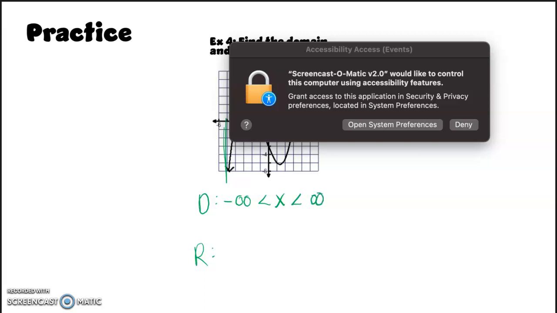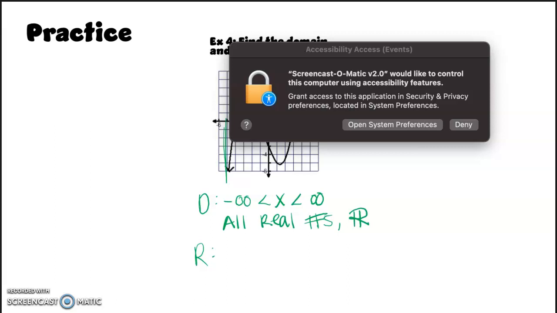This is basically saying -infinity to positive infinity is our x values, which means there could be any x value ever. So we can also say all real numbers, or this symbol. Any x value is going to be in this data or on this graph.